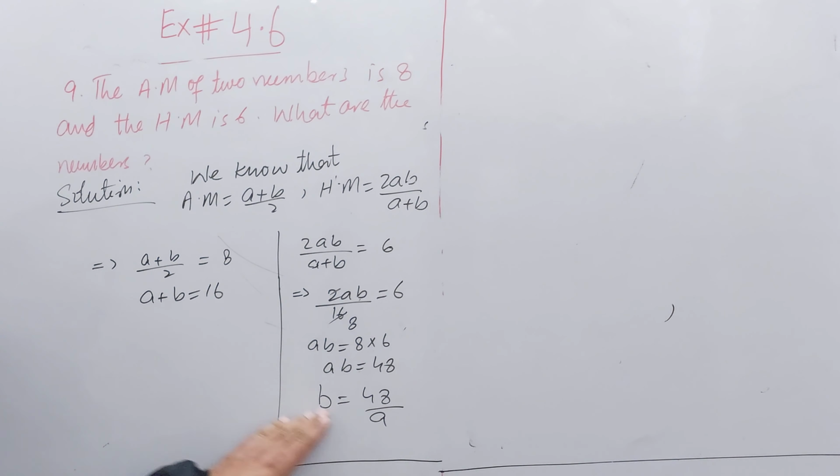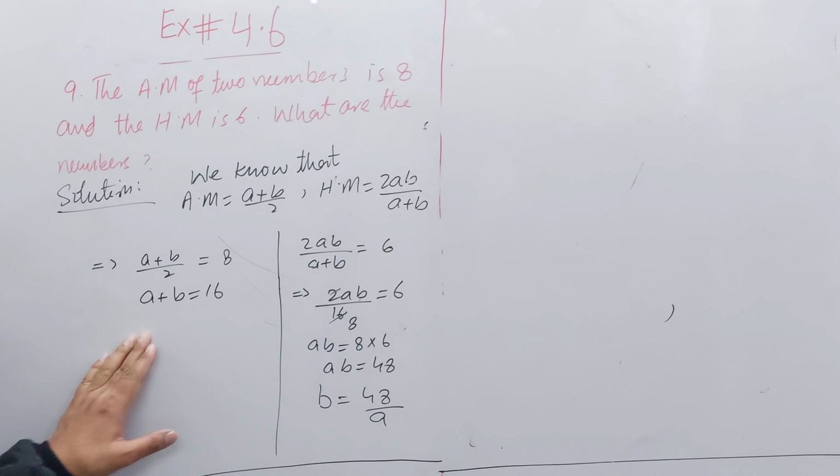Now put that value in this equation: a plus b is equal to 16, and putting b is equal to 48 by a, we have a plus 48 divided by a is equal to 16.